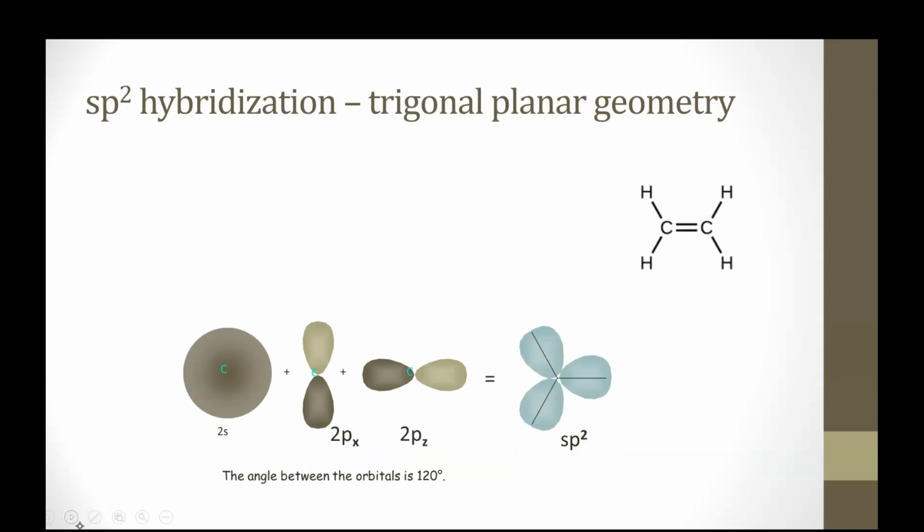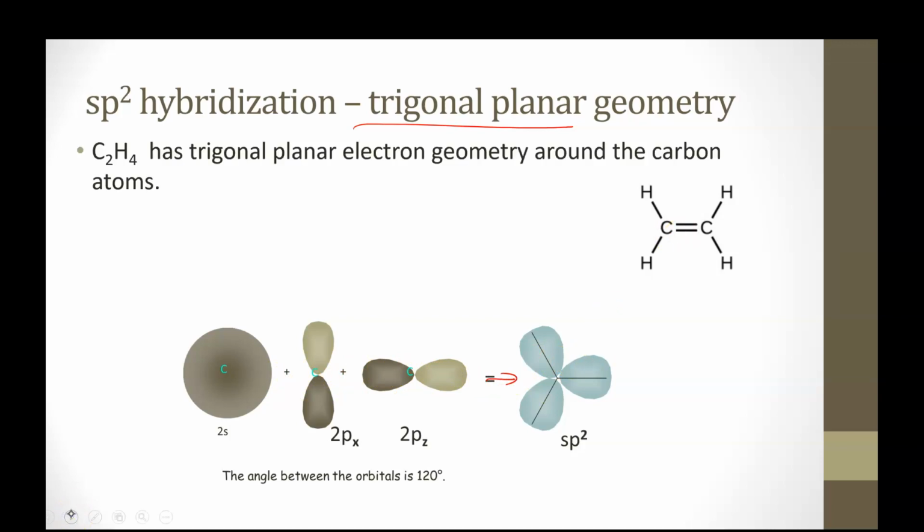Okay. When it comes to trigonal planar geometry, they don't need all of the p orbitals to do it. They take the s orbital that they had, 2 of the carbon's p orbitals, and they combine those, and they get sp2 hybrids. This is in something called ethene, C2H4. It has trigonal planar geometry. The bond angles are 120 here around the carbon atoms.